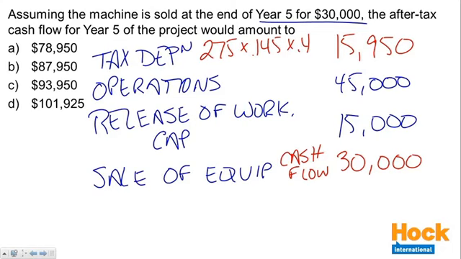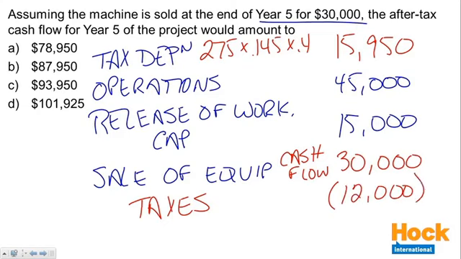Like we had a loss at the beginning that became a cash inflow, here we have taxes connected to the $30,000 gain from the sale of this equipment. The tax rate is 40%, and so we're going to have a $12,000 tax bill that we're going to have to pay.